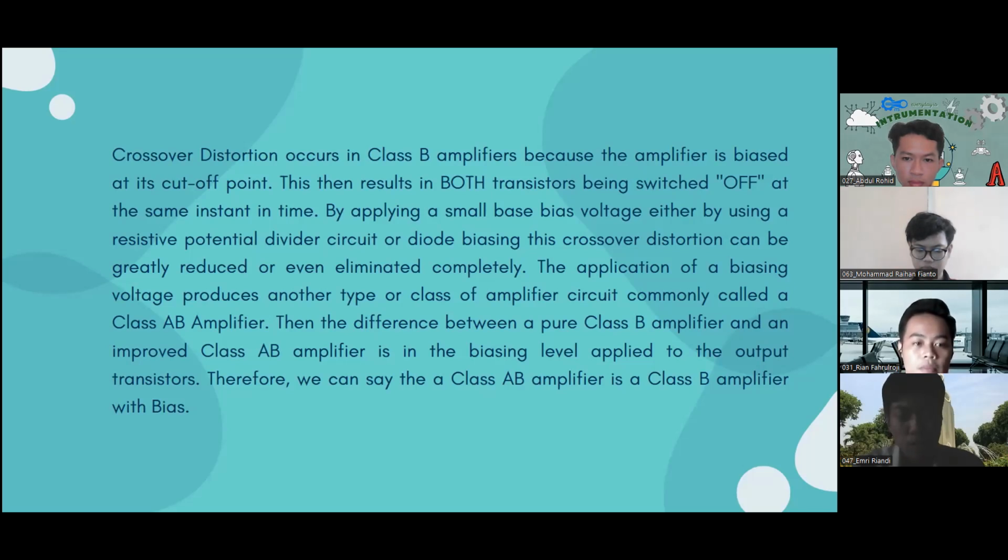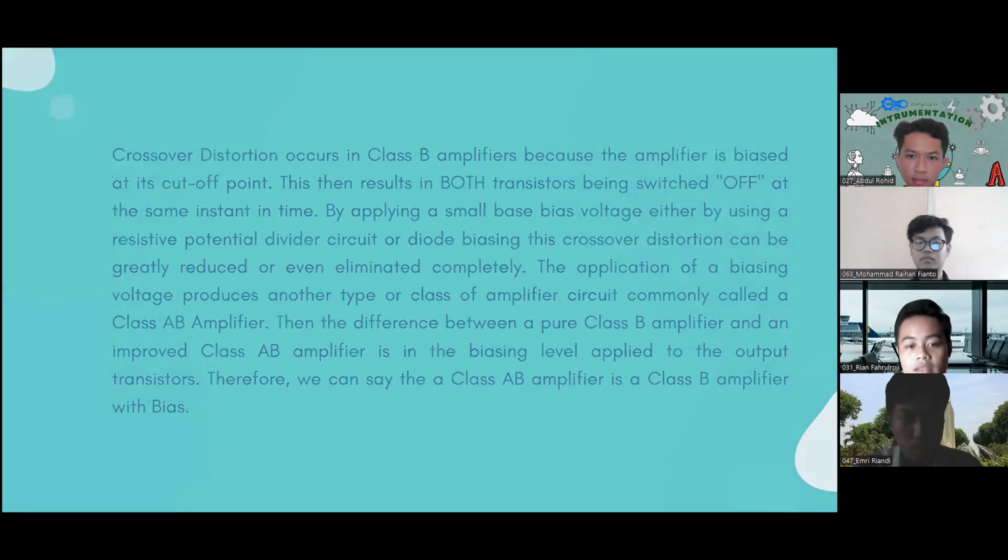The application of a biasing voltage produces another type or class of amplifier circuit commonly called a Class AB amplifier. The difference between a pure Class B amplifier and an improved Class AB amplifier is in the biasing level applied to the output transistors. Therefore, we can say that the Class AB amplifier is a Class B amplifier with bias. Next.